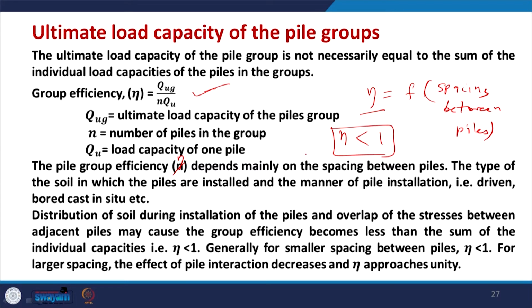So, generally for small spacing between piles eta is less than 1, but if you increase the spacing between piles, the piles may act like individual piles and the group efficiency may approach unity. Naturally an eta of 1 or more than 1 is desired, but if you keep a higher spacing between the piles, you will require a large pile cap, and that is not going to be economical.